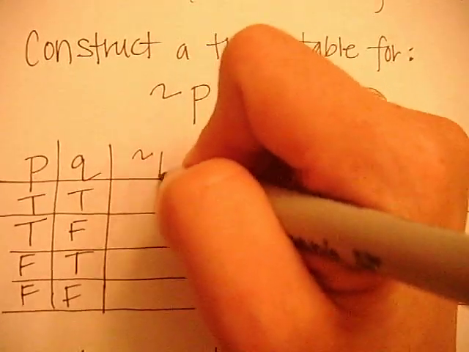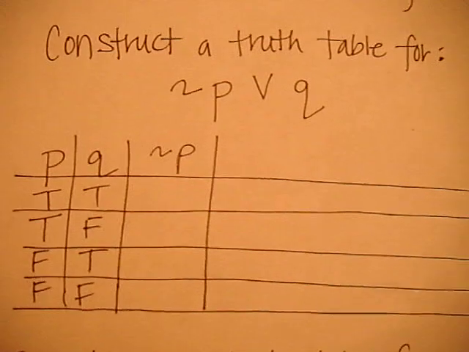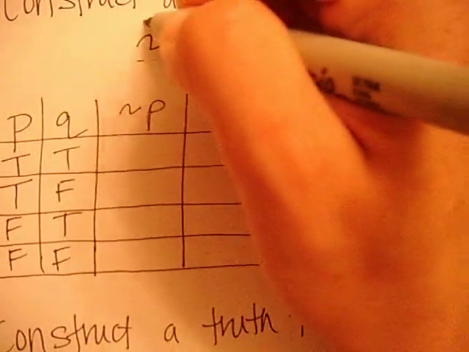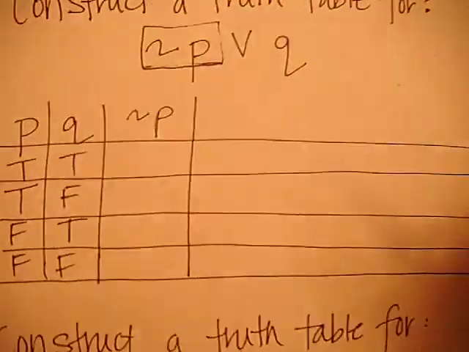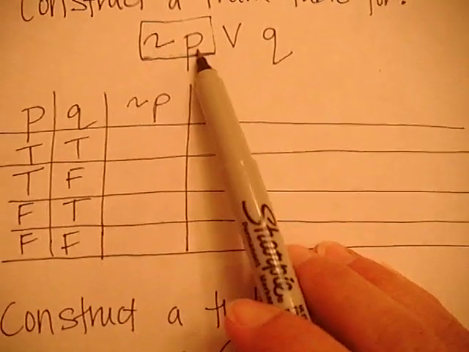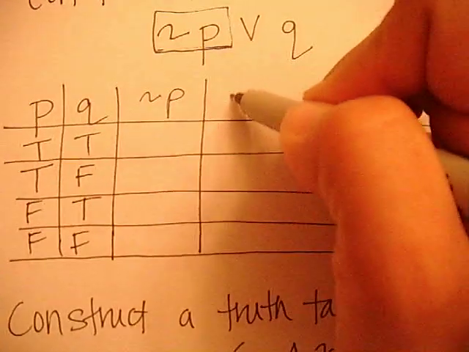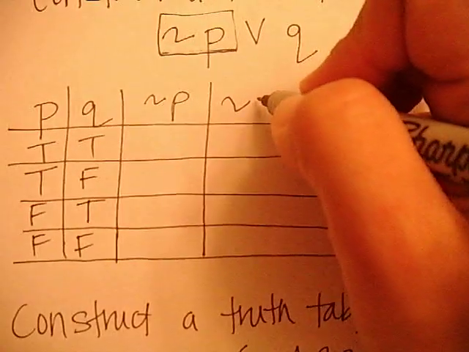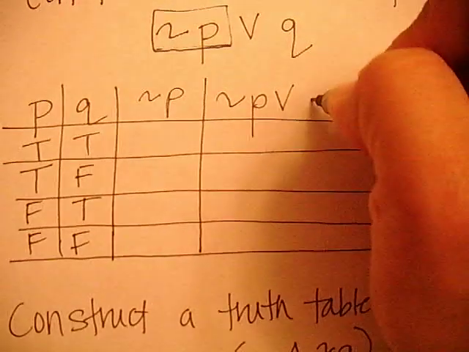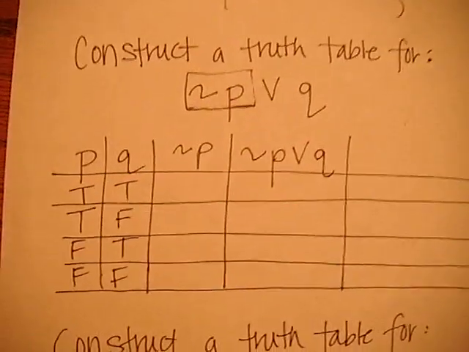So my first column is going to be not P. Once I have that not P, the next column, we can add one thing to it. So I have not P, I can add to it or Q. And since that is our full statement, that's our last column.